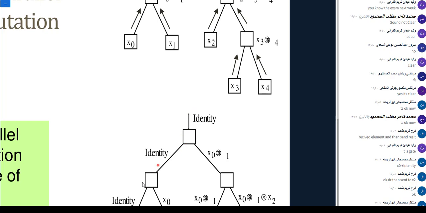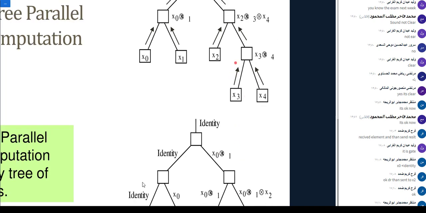I is moved to left, and X0 symbol X1 combined with I to right. What is transferred to right? X0, X1. Okay? How about the other places?